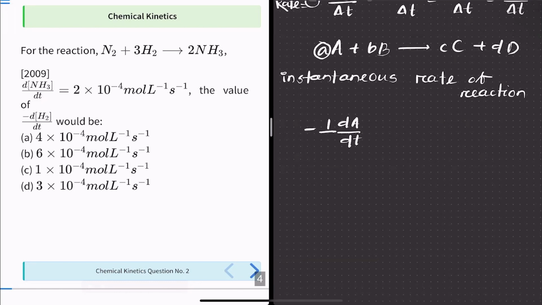Okay, 1 by a. The coefficient would be placed in the denominator part. So the rate equals minus dA by dt, then minus dB by dt, then dC by dt. It is a product, so no need to put the minus sign.